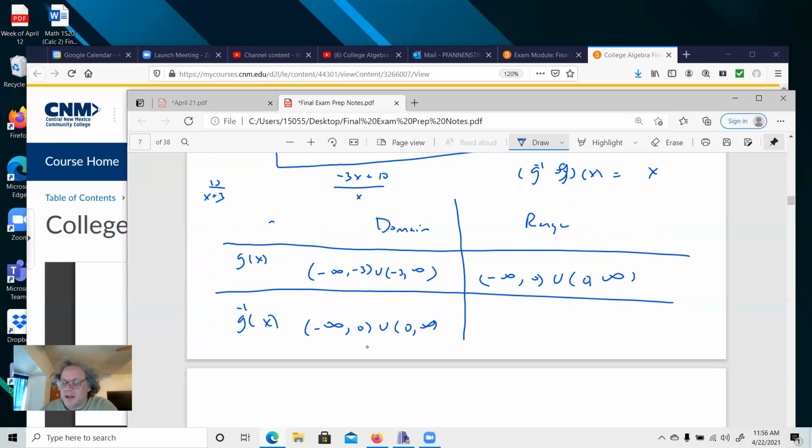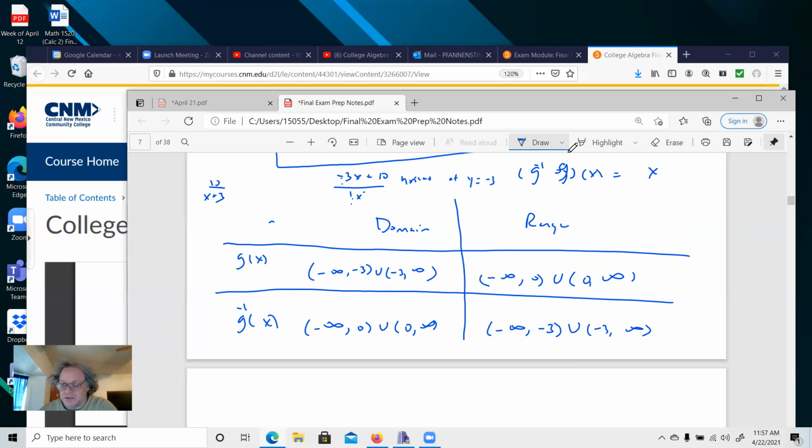So we're going to have a horizontal asymptote at y equals negative 3. The degrees are the same, so the horizontal asymptote is the ratio of the leading coefficients. So we're going to say negative infinity up to negative 3, skip over negative 3, and off to positive infinity.